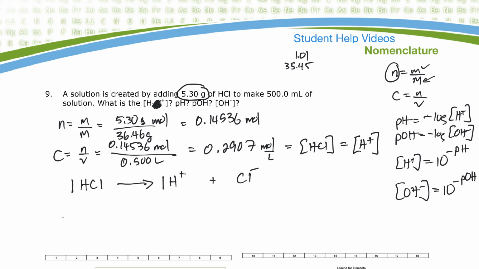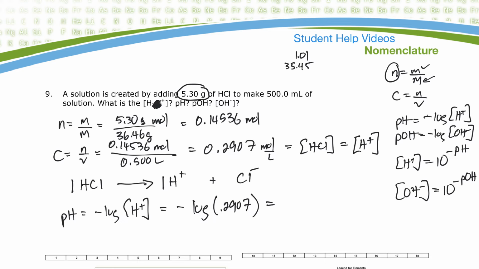So now I can figure out pH, because pH is negative log of the hydrogen ion concentration. So negative log of that number that I had before, 0.2907. Let me see what that comes out to. Negative, where's my log button? Oh, there it is.